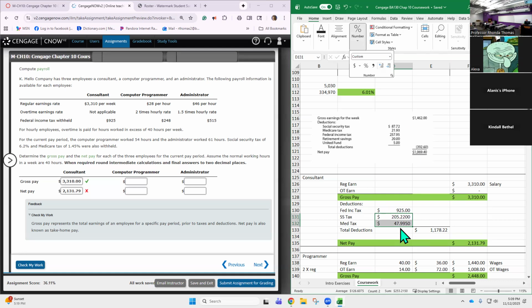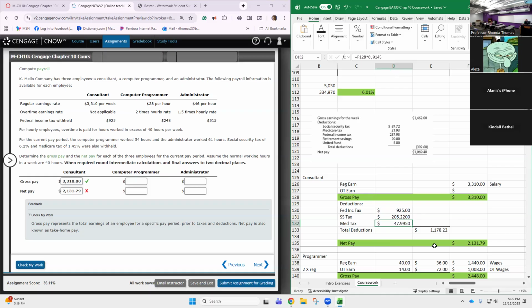All right, so here's what this is doing. This Medicare tax, if I'm reading this right, says to round the intermediate calculations. So here are our intermediate calculations. 47.995.